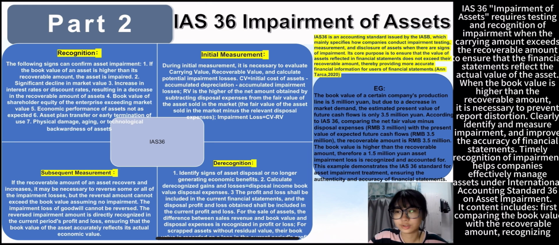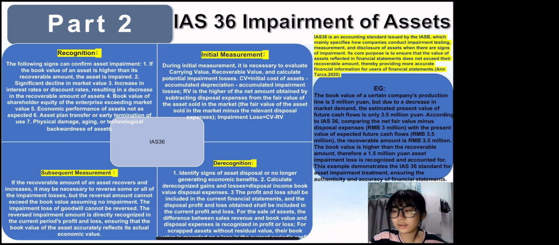It is necessary to prevent reporting differences, clearly identify and measure the impairment, and improve the accuracy of the financial statement. Timely recognition of the impairment helps the company effectively manage assets.